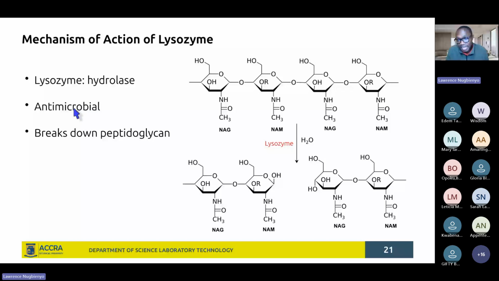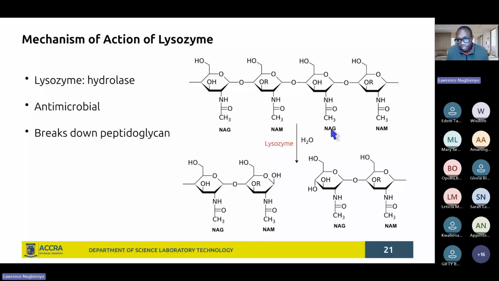It's a hydrolytic reaction, which means water comes in that reaction, aiding in the breakdown of those glycosidic bonds. So we see lysozyme acting in that process where you have a glycosidic bond between N-acetylmuramic acid and acetylglucosamine, which is broken.